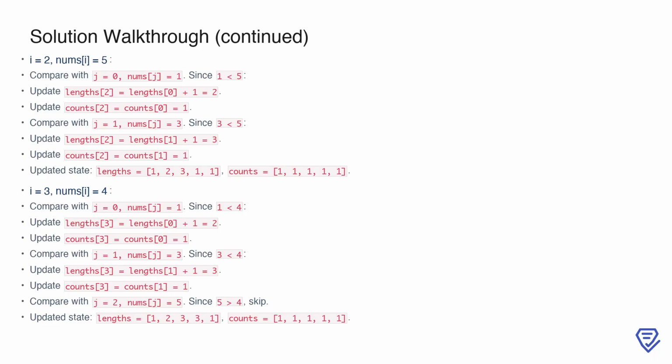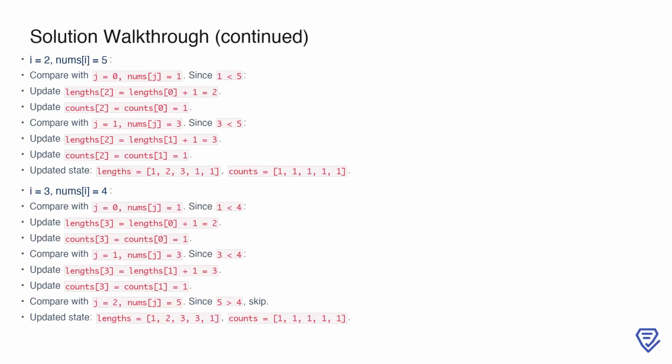Now, for i equals 3 where nums[i] equals 4, we again compare with all previous indices. For j equals 0 where nums[j] equals 1, since 1 < 4, we update lengths[3] to lengths[0] plus 1, which is 2, and set counts[3] to counts[0], which is 1.